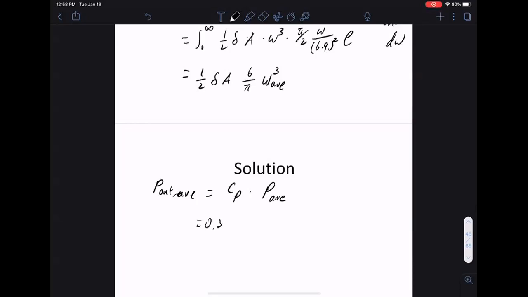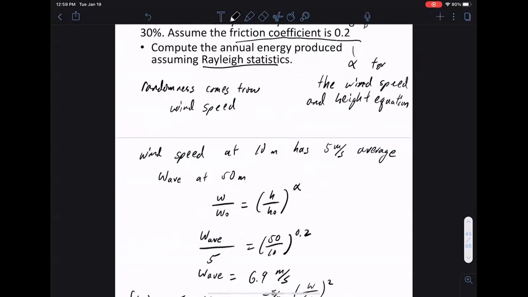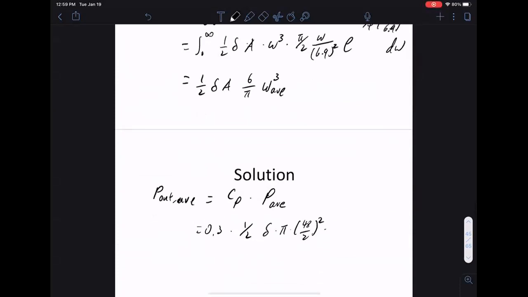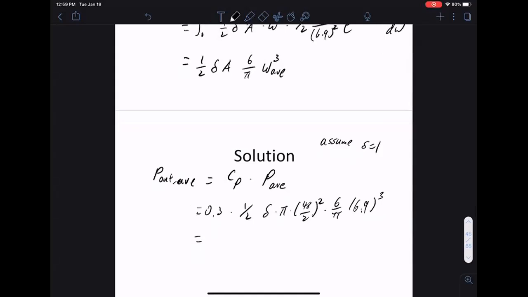This is 0.3 times 1/2 delta times the area, remember, it's 48 in diameter, so pi times 48 over 2 squared, times 6 over pi, times 6.9 cubed. And assume delta is 1. You put all this together, we have 170 kilowatts.